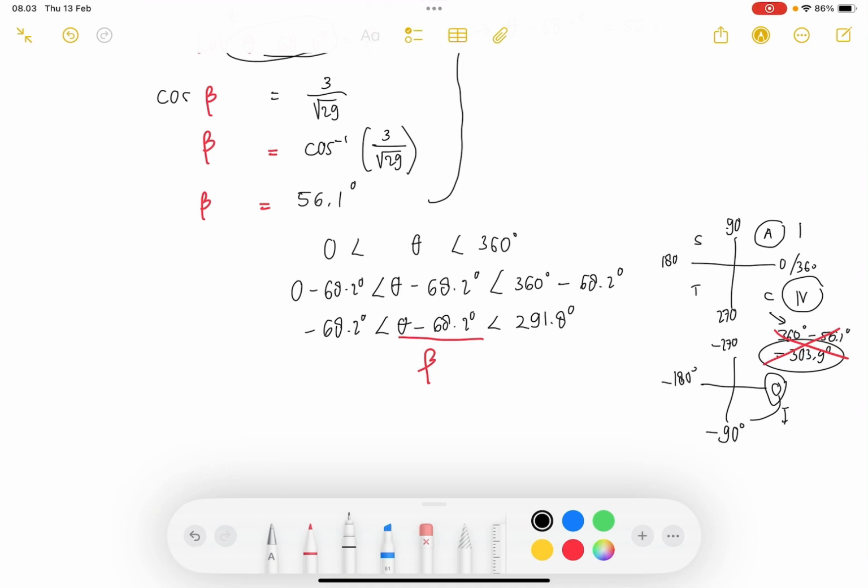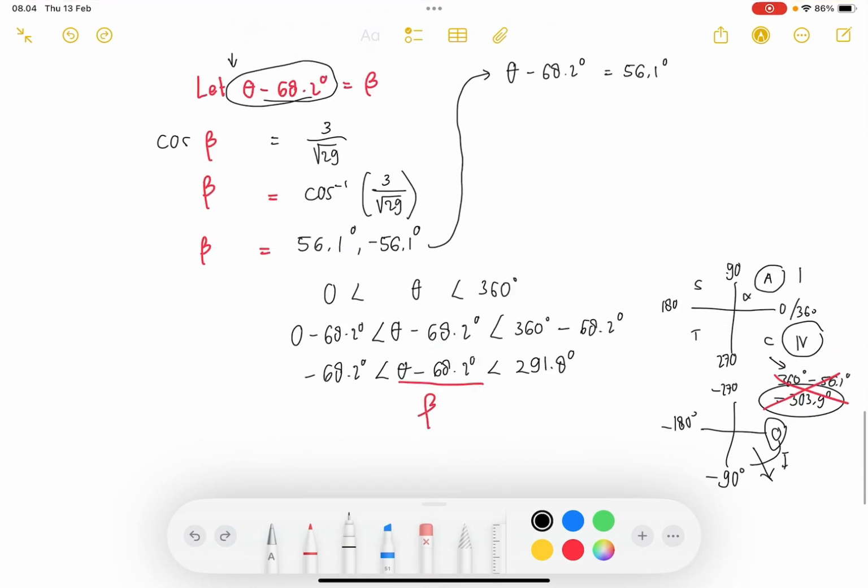Because the alpha is already 56.1 degrees, we can use the inverse. What is the inverse of 56.1 degrees in the negative quadrant? Yes, correct, it's going to be negative 56.1 degrees. Then done.